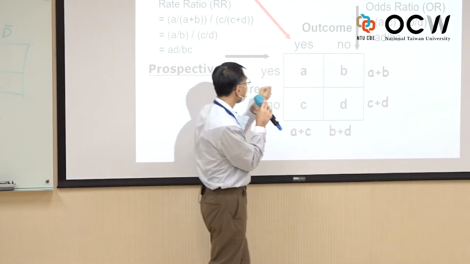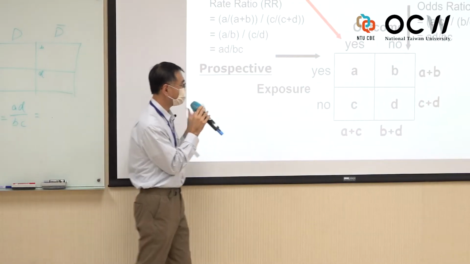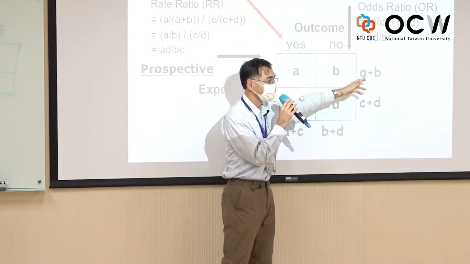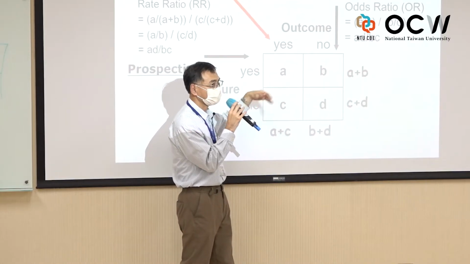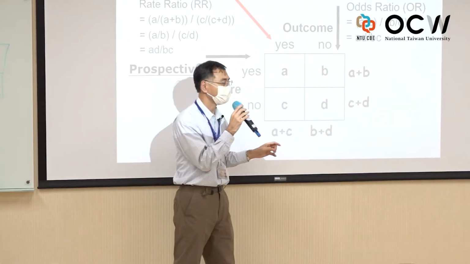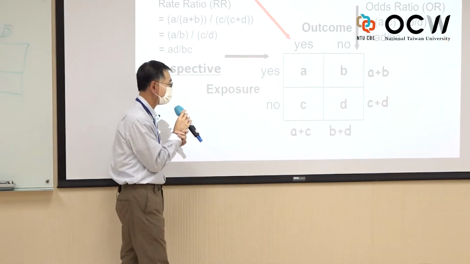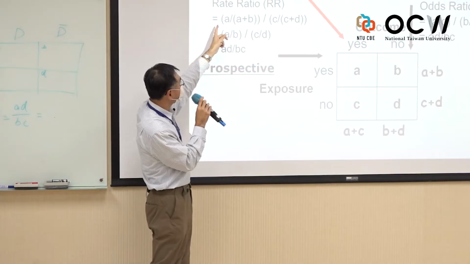Also for the prospective cohort study, in other words, we do have the denominator, A plus B. And A is the number of people who got the disease after a period of follow-up. C plus D are those people without the exposure, but still some of them got the disease, number C. So it's very straightforward, right?